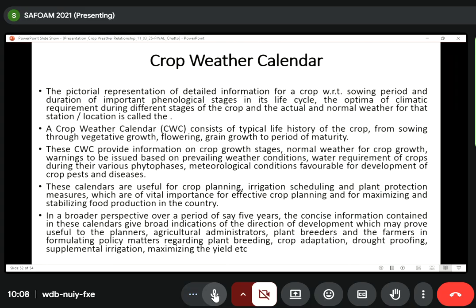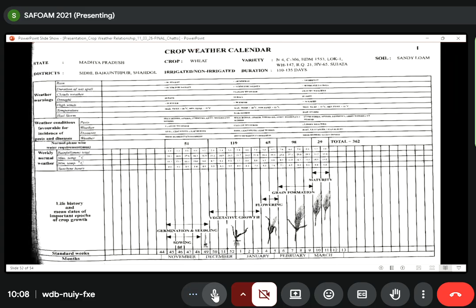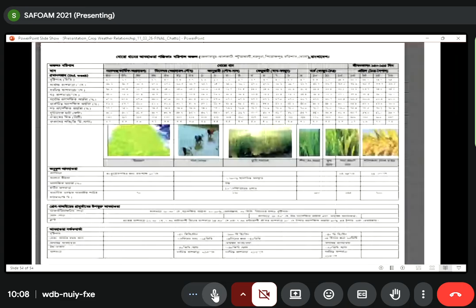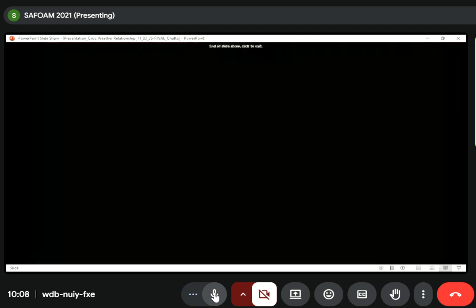So whatever I mentioned in the previous slide, all the information is clubbed together, and we put this kind of calendar together for the major crops grown in a particular country, and sometimes it is in the regional languages also.